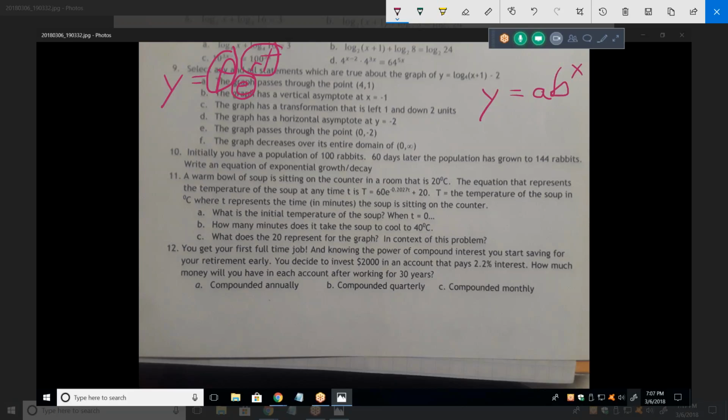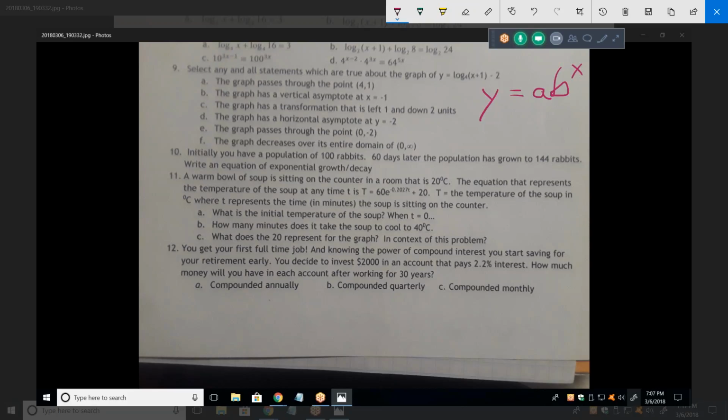But they both are exponential growth. Okay. Right. The advantage of using this one on the right is that in this case, we should be able to solve for A and B. And then we would have a specific equation that applied to rabbits.